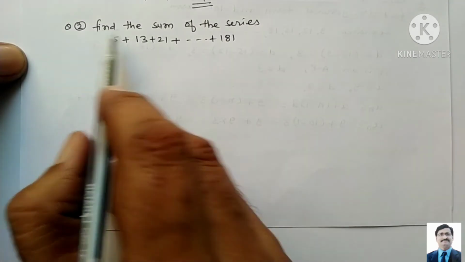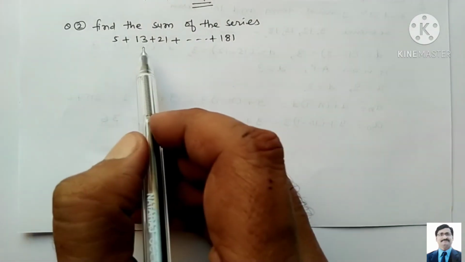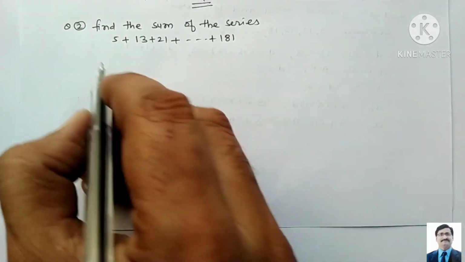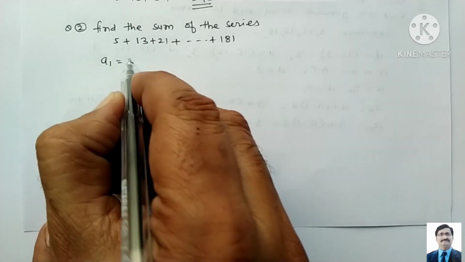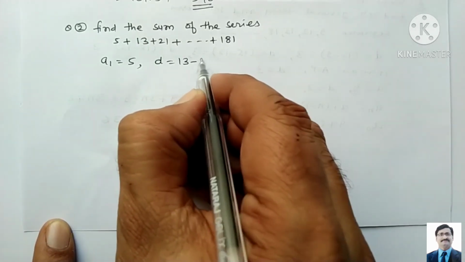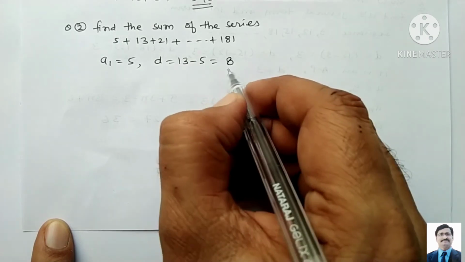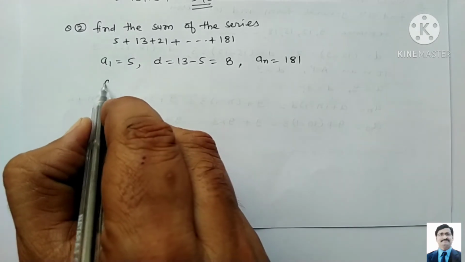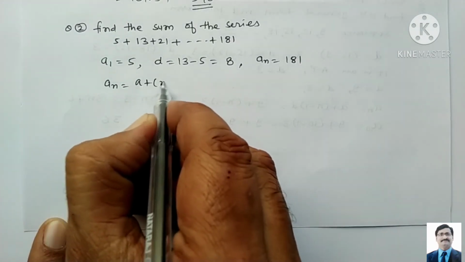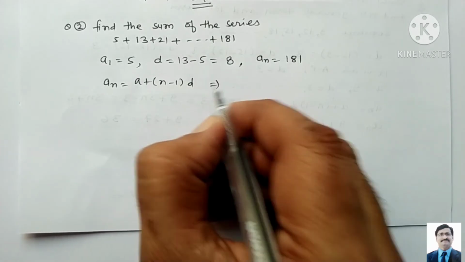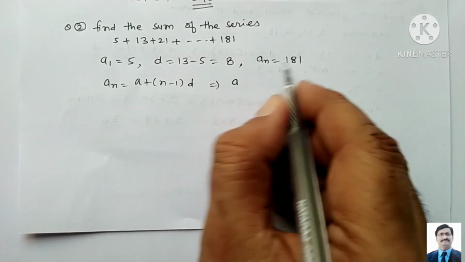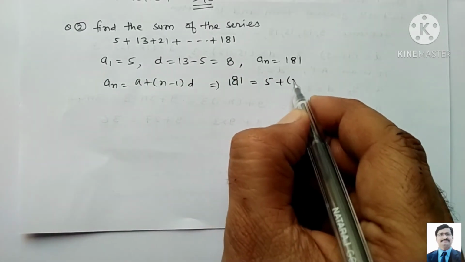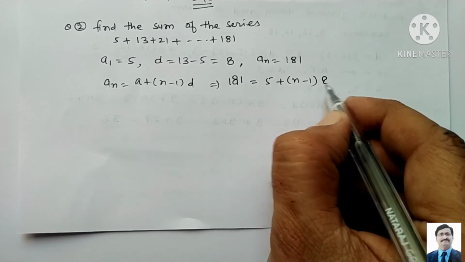Here the next question is: find the sum of the series 5, 13, 21 dot dot dot 181. This is a series and we have to find the sum. Here the first term is 5 and d is 13 minus 5, which is 8. The nth term is given to us, 181. First we use the formula an equal to a plus (n minus 1) d. So 181 equal to 5 plus (n minus 1) times 8.